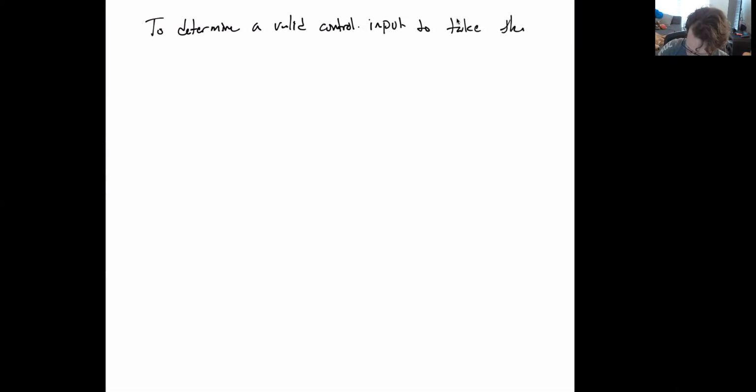So, to determine a valid control input, take this solution from x naught to x sub f.